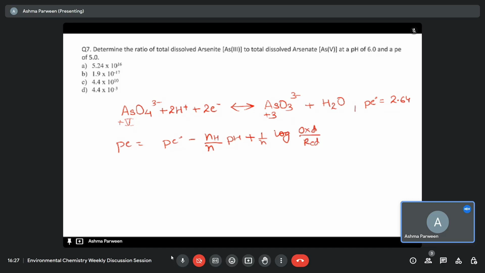So we have been given PE is 5, PE naught is 2.64, number of H plus ions is 2, it has accepted 2 electrons, pH is 6, plus again 1 by number of electrons, it is 2, into log.